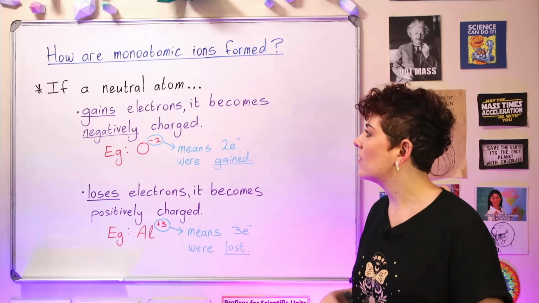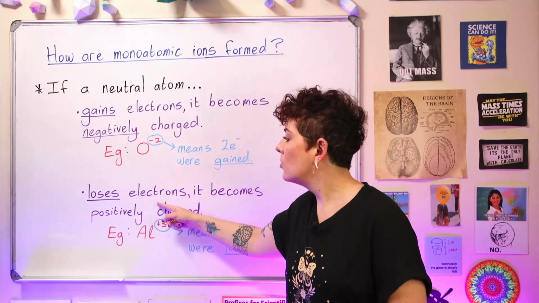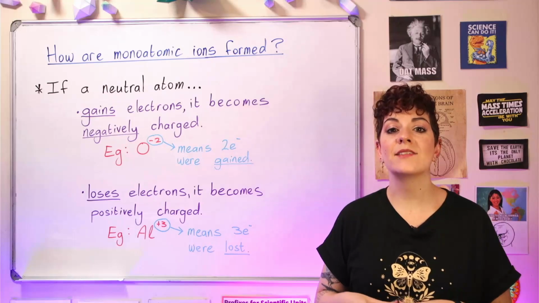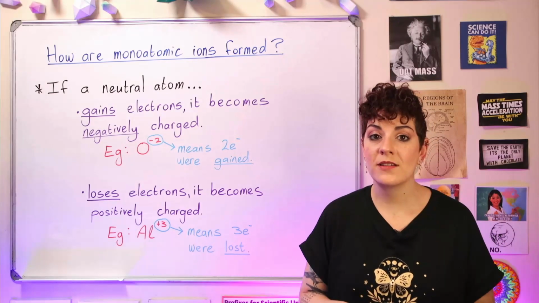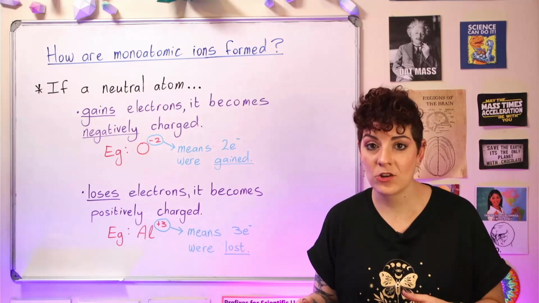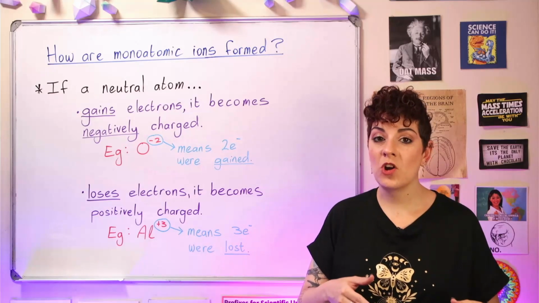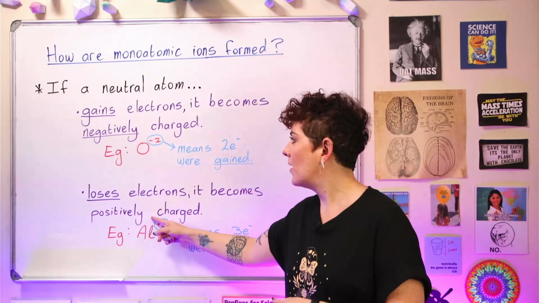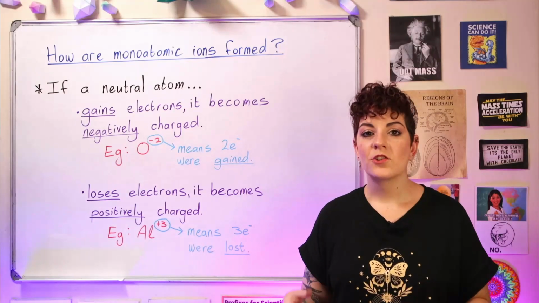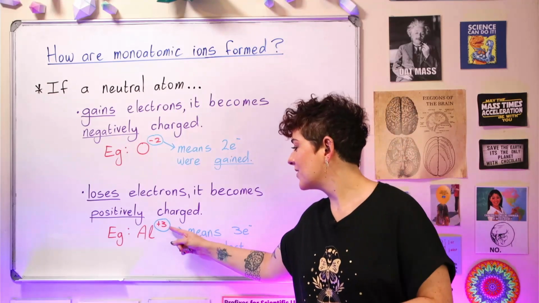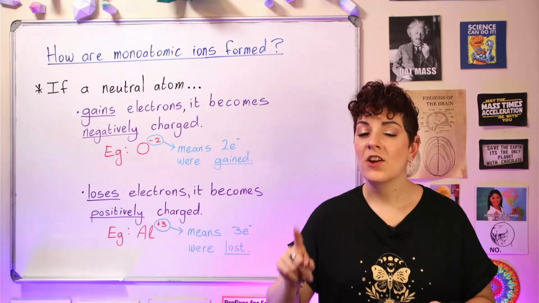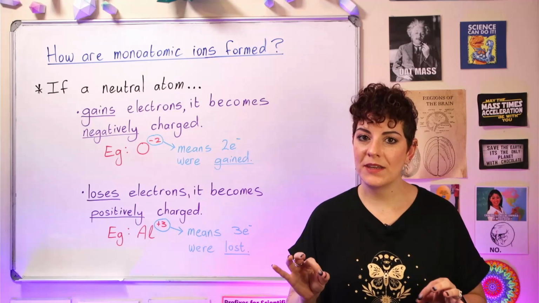Okay. Now, if a neutral atom loses electrons, then it means that it has more positive protons left over compared to electrons, and more positive charges compared to negative charges would make the ion positively charged. So anytime you see a positive charge, it means that electrons were lost, not gained. Please be careful.